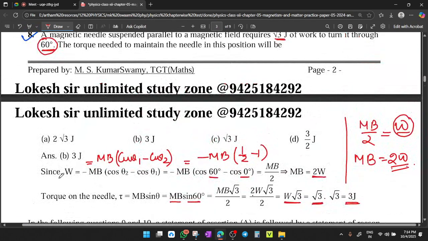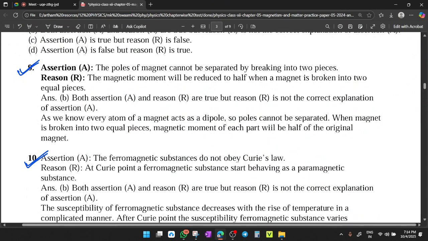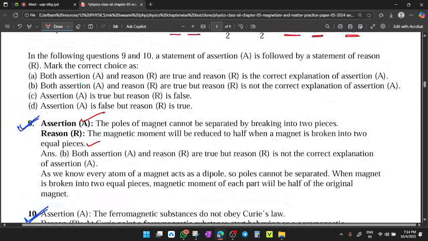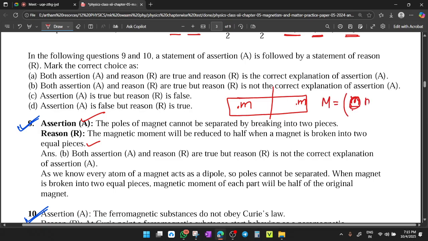Any problem? Next is question number 9, assertion. The poles of a magnet cannot be separated by breaking it into two pieces. Absolutely correct. The reason: the magnetic moment will be halved when a magnet is broken into two equal pieces. This is also true. When you break the magnet into two equal pieces, with pole strength m, the effective length becomes L by 2.